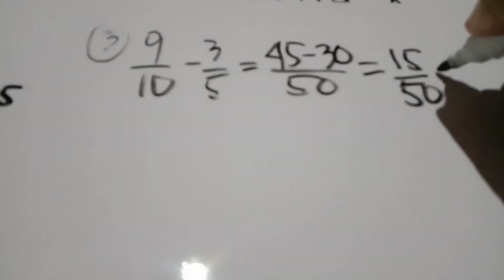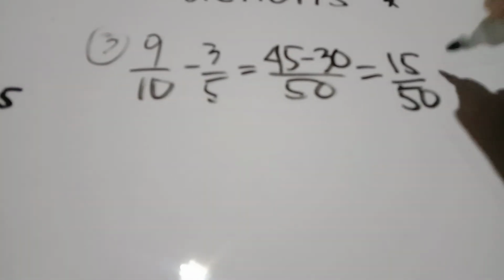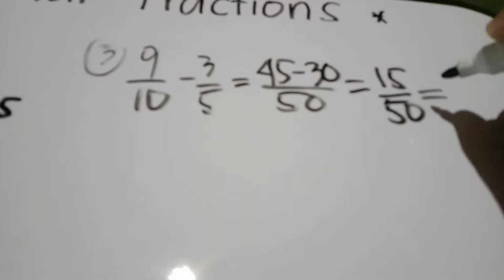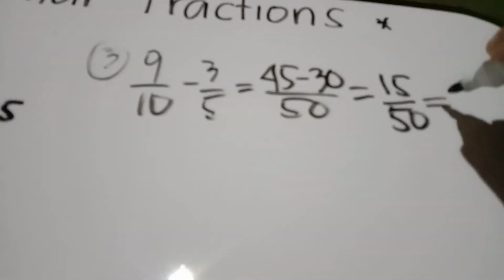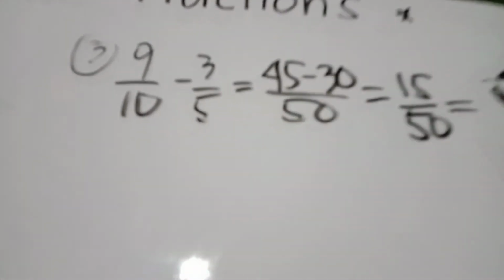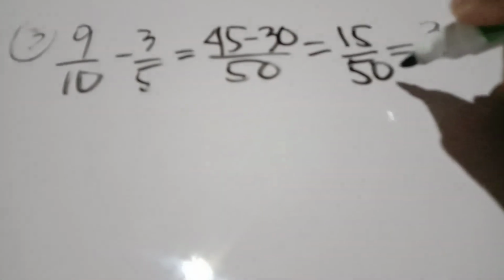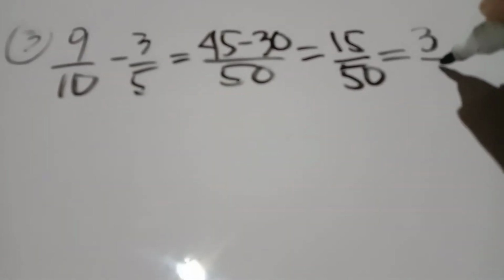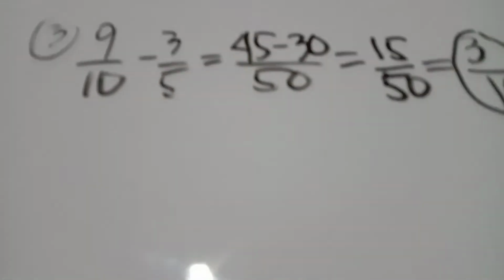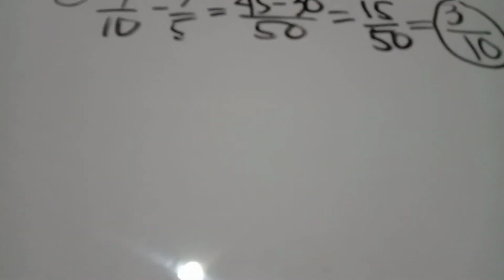So, let's express or change 15 over 50 to lowest term by dividing both numbers by 5. 15 divided by 5 is equal to 3. Then 50 divided by 5 is equal to 10. So, this is now the answer, 3/10.